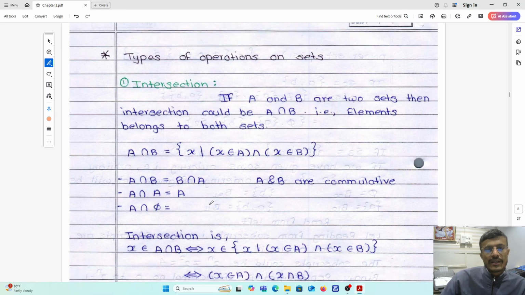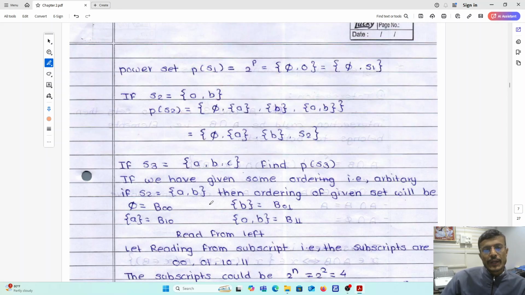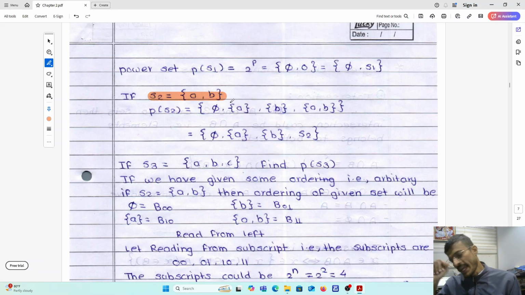Now, one more example I would like to mention. See, S2 is the given set which contains two elements, A and B. Then what will be the power set? The cardinality of that set is equal to 2. And what will be the cardinality of the power set? 2 raised to the number of elements present in the given set, so 2 raised to 2, which equals 4.